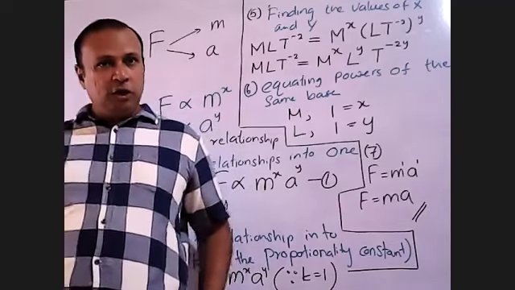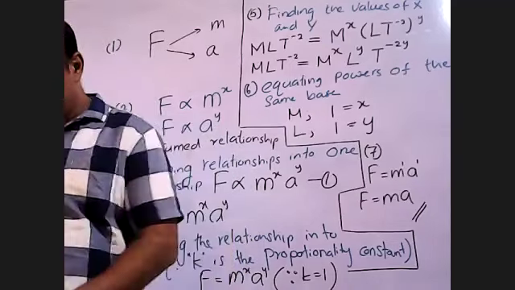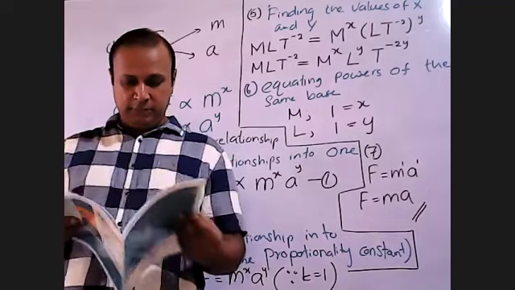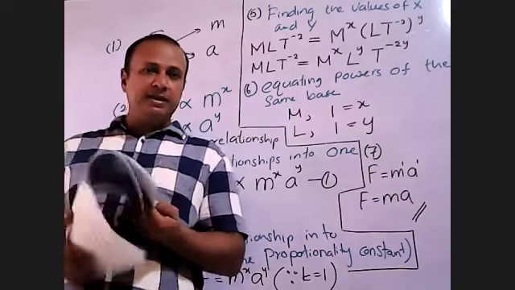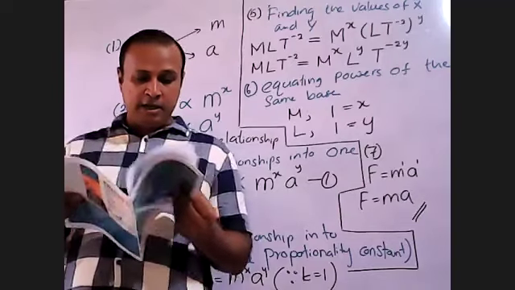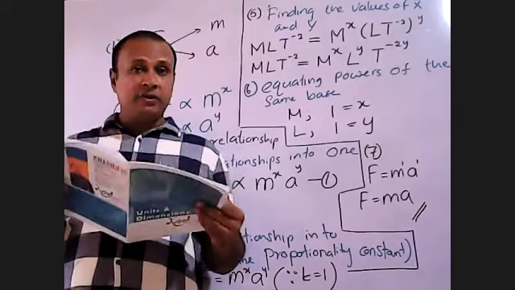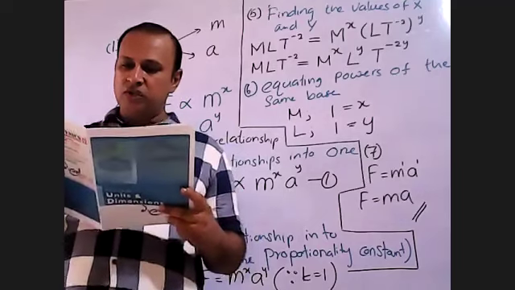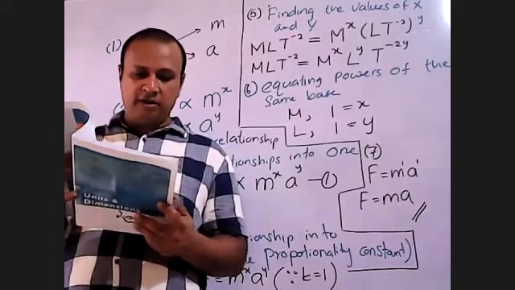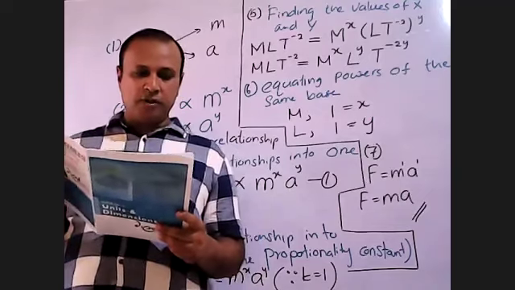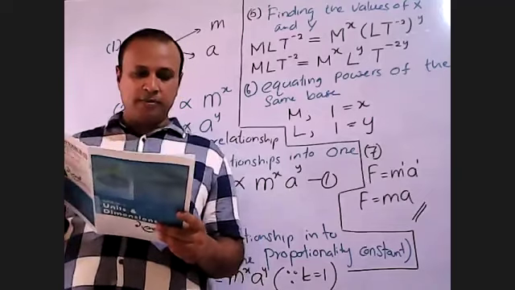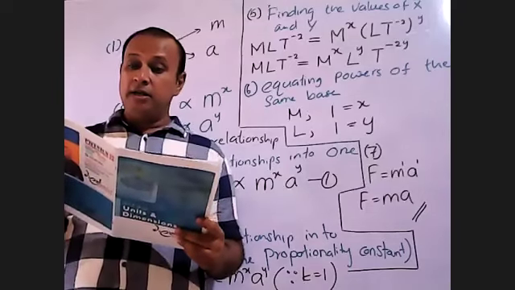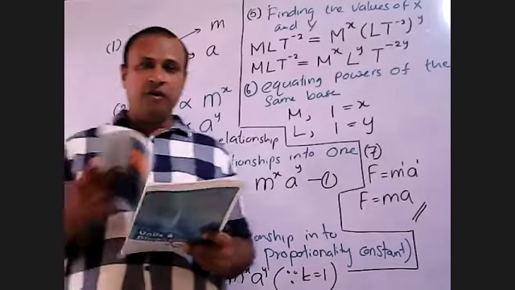Okay. In that tube, the fourth essay questions, there are essay questions after the MCQs. First one we have done, second one also done, and also we have done the third one, determination of dimension of an unknown physical quantity in an equation.